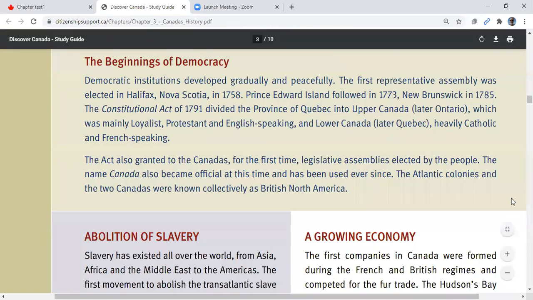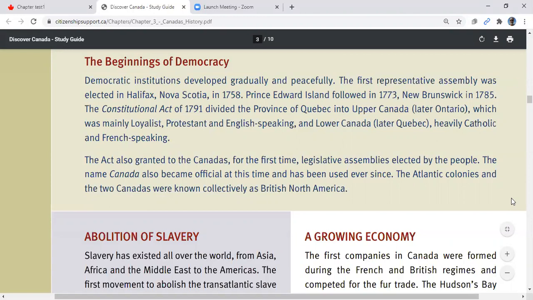Democratic institutions developed gradually and peacefully. The first representative assembly was elected in Halifax, Nova Scotia in 1758. Prince Edward Island followed in 1773, New Brunswick in 1785.